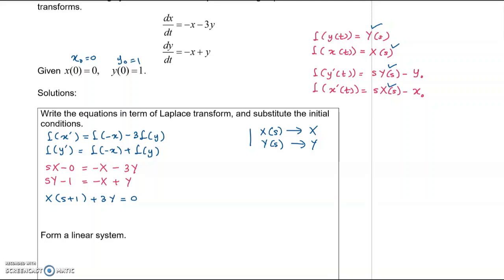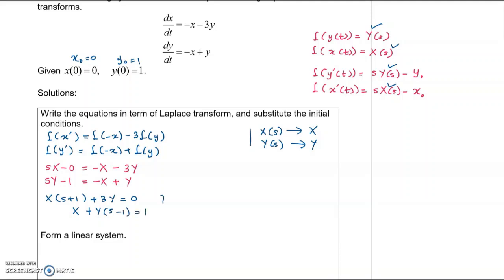For the second equation, we only have one term with x, so we have x, but for y we have two terms, so we factor out y, and in the bracket we have s minus 1. At the right hand side we have 1.